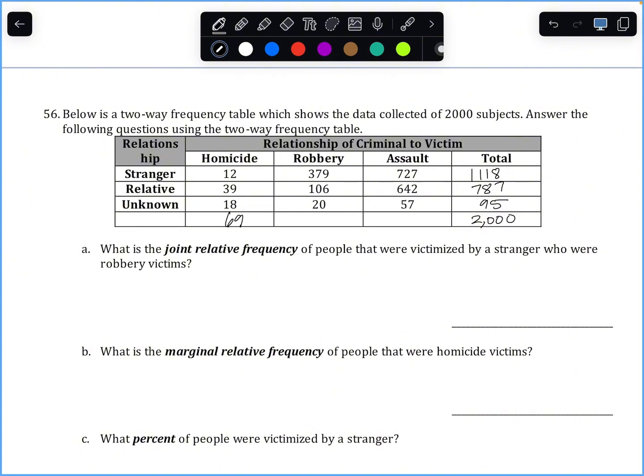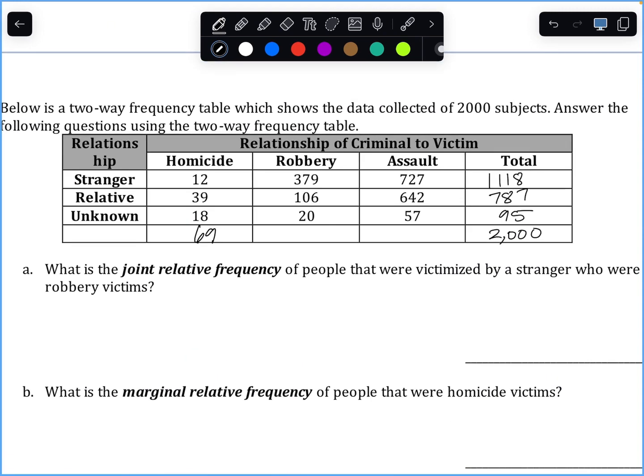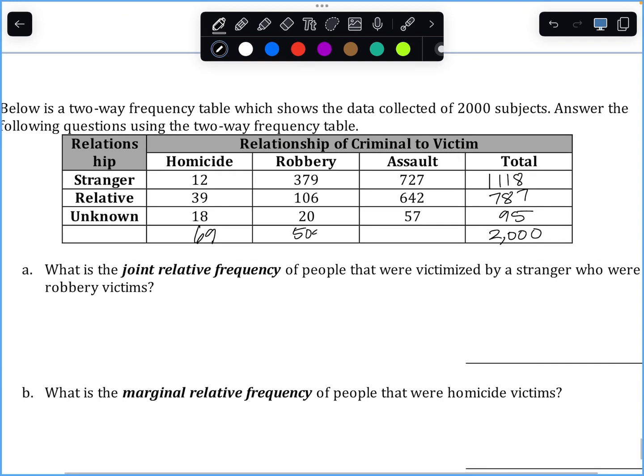And then robberies. How many total robberies were there? Let's go with Everly. 505. Okay, and let's go with Paige. How many assaults were there? Okay, double check. 1,426.